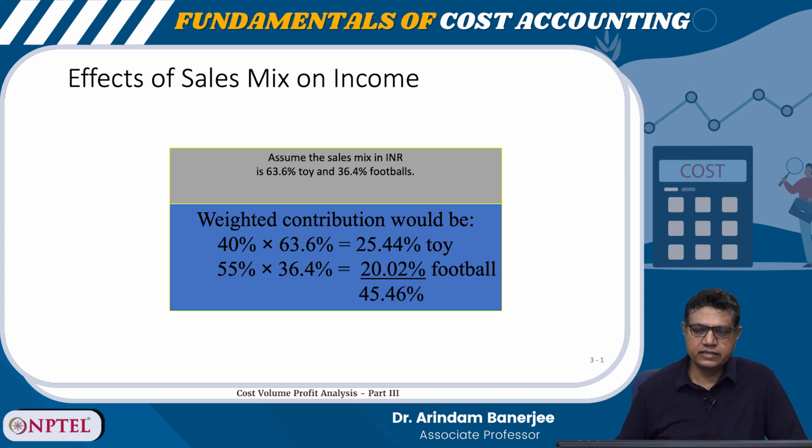Assume the sales mix in INR is 63.6% toy and 36.4% football. So, weighted contribution would be 40% into 63.6%, that is 25.44% for toy, and 55% into 36.4%, that is 20.02% for football. So, the weighted average is 45.46%.